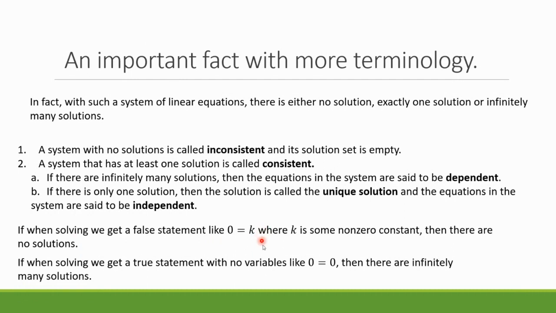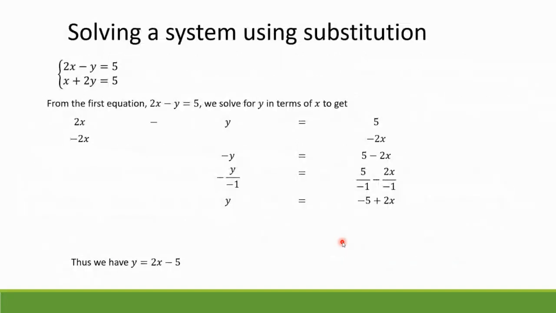But if you get a true statement with no variables, like 0 equals 0, 1 equals 1, 2 equals 2, then there are infinitely many solutions in that case. All right, so that's good. Now let's keep going.